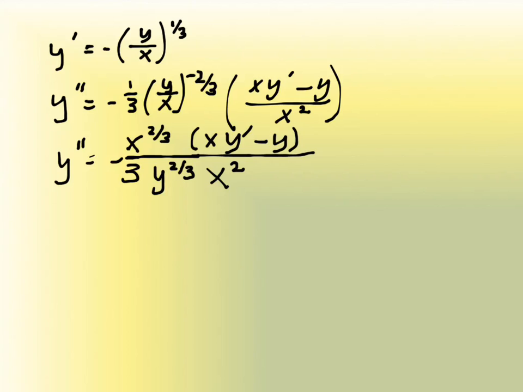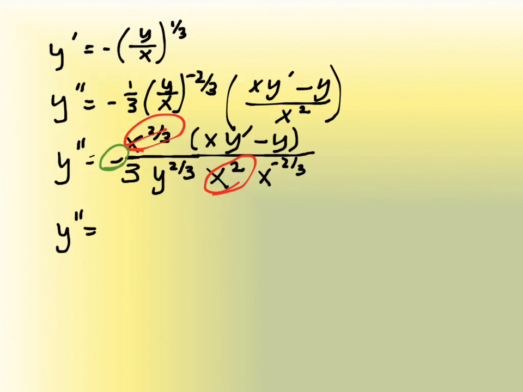Before we do that, though, I'd kind of like to clean up my x to the 2/3 on top and my x squared on bottom. Is that okay with you guys? One way to think about that is to simply write this as x to the negative 2/3 on bottom to add them together. So on top now, there's a negative out in front. Do you see that negative out here in front?